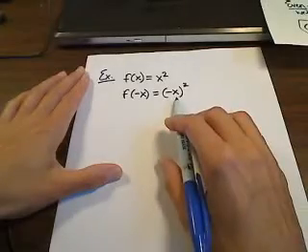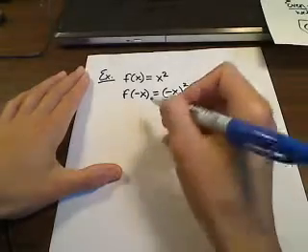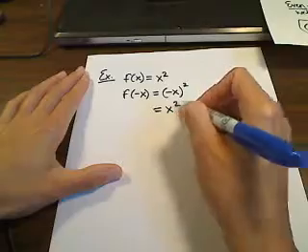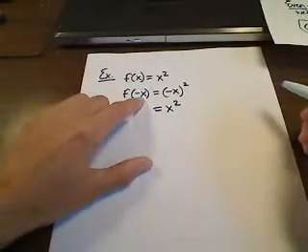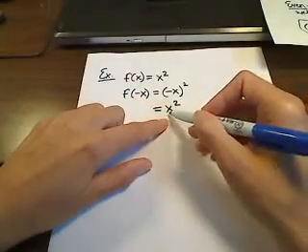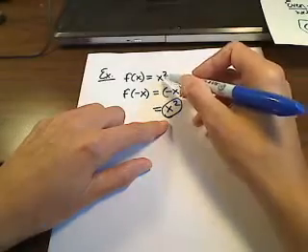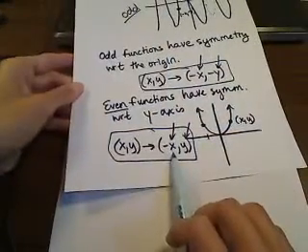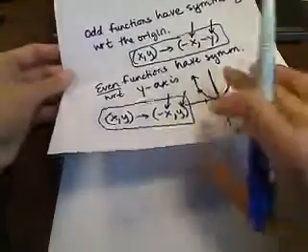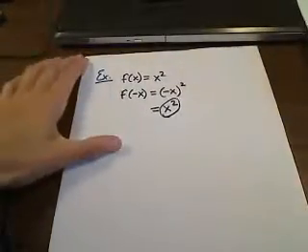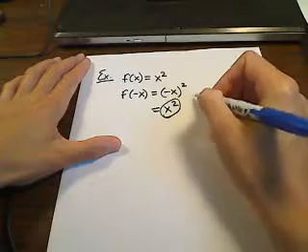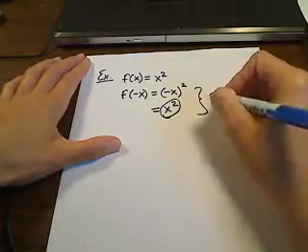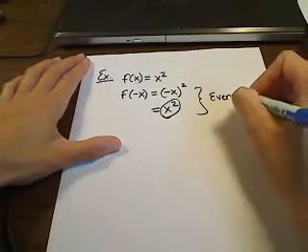Okay. When you square negative x, the negative gets squared and it becomes positive. So when I plug in my negative x here, I end up getting back my original function. So that is this situation right here where I've plugged in a negative x and I'm getting out a positive y. I'm getting back my original function. Okay, so this is what would tell me algebraically that I have an even function.